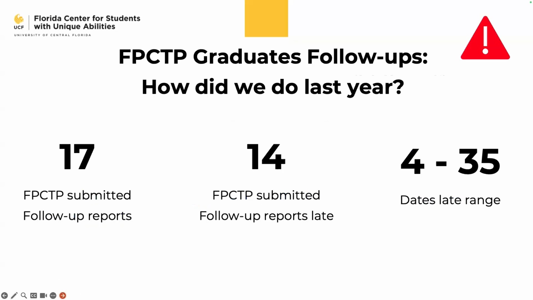So last year, 17 programs submitted their follow-up reports. 14 of those 17 submitted them late, and the days late were between 4 and 35 days. As a reminder, this report is due for all of your graduates. They're due August 1st. 30% of the reports were completed right the first time.